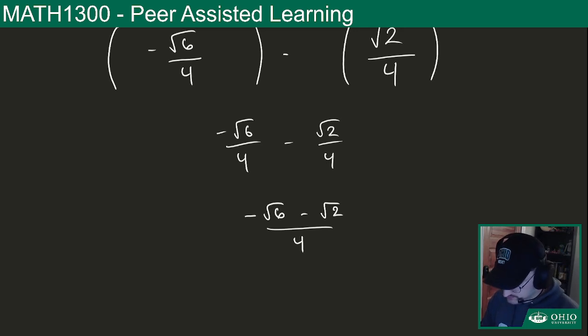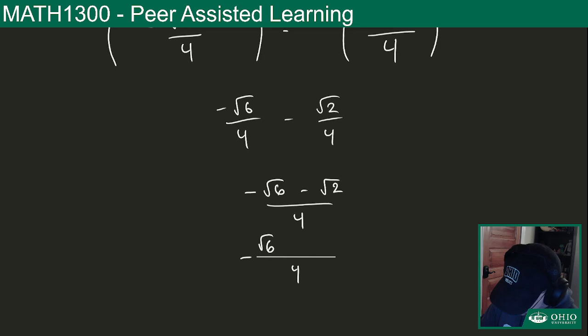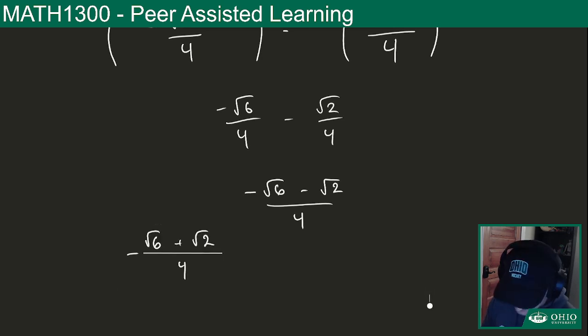And then let's factor out a minus sign so that it's explicitly on the outside of the fraction bar, and that'll get us root 6 plus root 2. And I believe, and I want to check myself, that should be the final answer. Yeah, that is the final answer.